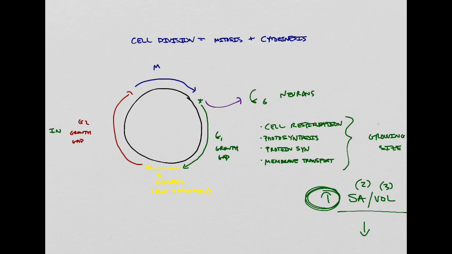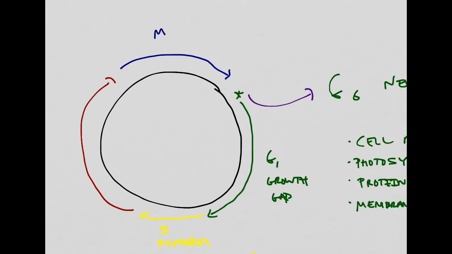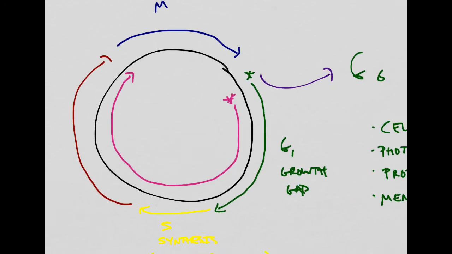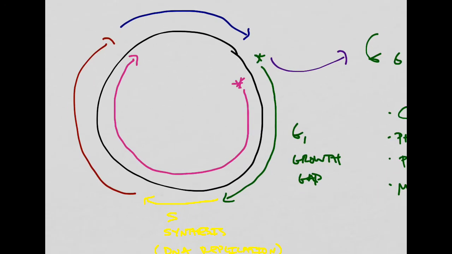Okay, actually, I lied. One more thing that you need to put into your diagram. Starting at G1 and going all the way up to the end of G2, this whole process, G1, S, and G2, is called interphase.